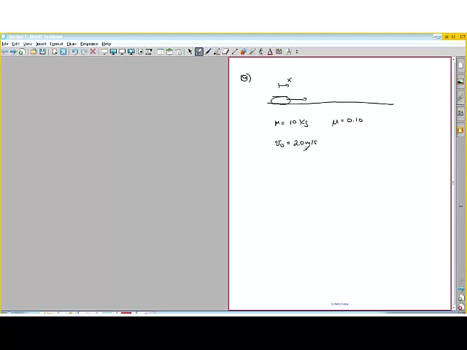So it says coming to rest, so v final is 0 meters per second. We know the weight is equal to the mass times acceleration due to gravity. So when this thing is moving, we have a force pushing backwards right here, which is the friction force.